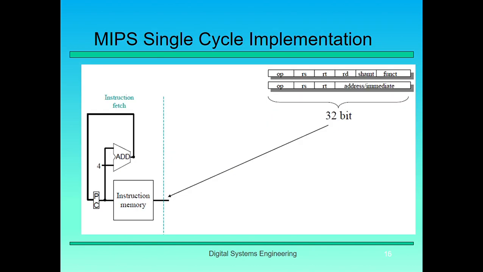Now we will discuss the MIPS single cycle implementation. Single cycle means that all implemented instructions complete in exactly one cycle. To achieve this, the cycle time, which is the inverse of the clock rate, is set long enough that the slowest of the implemented instructions has enough time to complete.